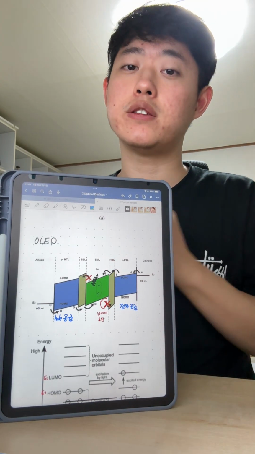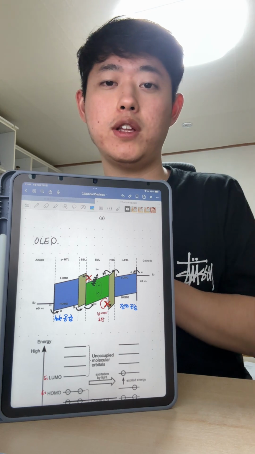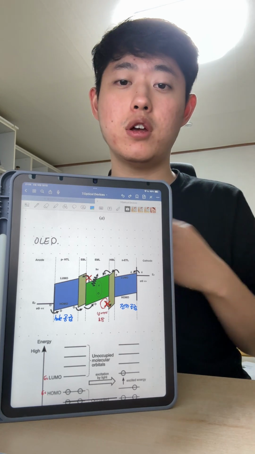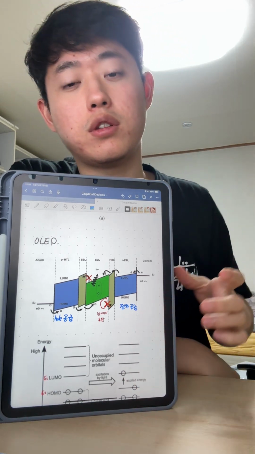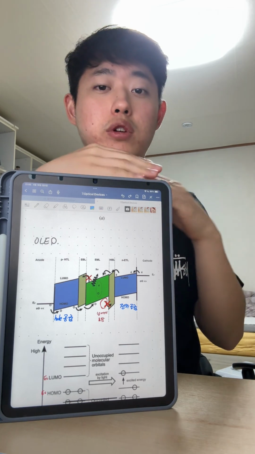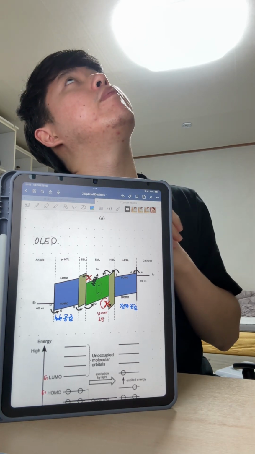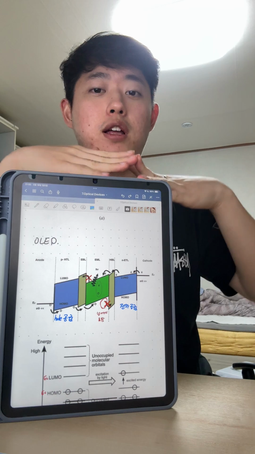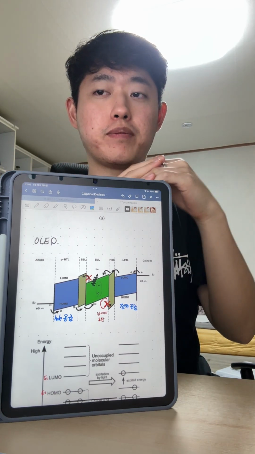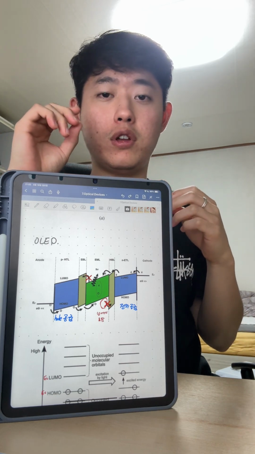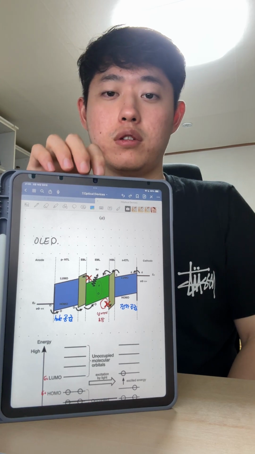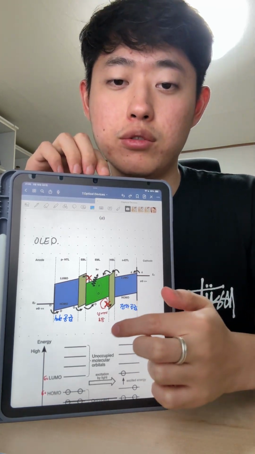And this is the OLED. O is organic, so OLED is made of carbon. This is not crystalline. This is like a polymer. Its advantage is that it is very smooth and flexible, and it is very easy to make.